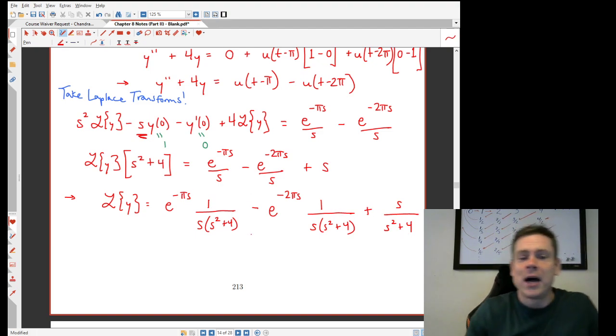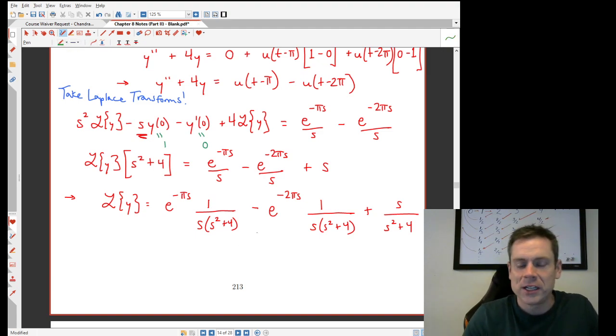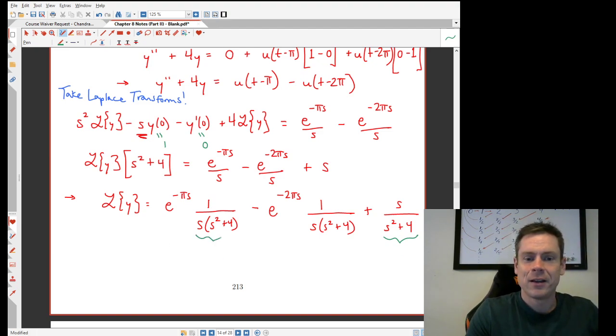Okay, so this is what we got. Let's take a look at what we have here. This here is a formula that looks like it's just going to be a simple cosine function once I go backwards. This and this, so this will be a cos.